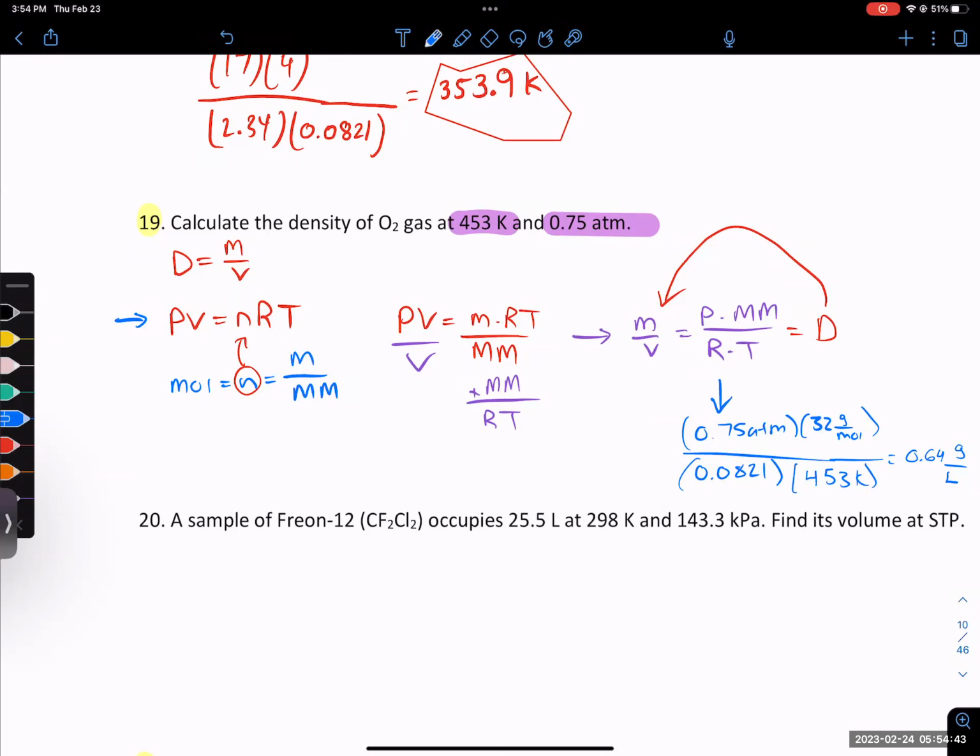So look at that. You have to use things outside the box, and you're probably going to get a question like this on your test, because I know I did. So instead of deriving this equation, it's also pretty nice just to memorize this. M over V is equal to P times the molar mass over RT. And you don't have to just apply this to problems that are asking for the density.